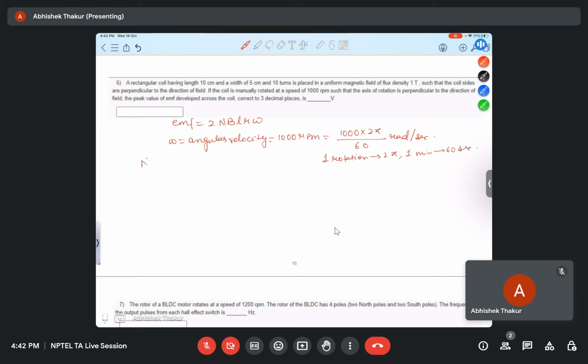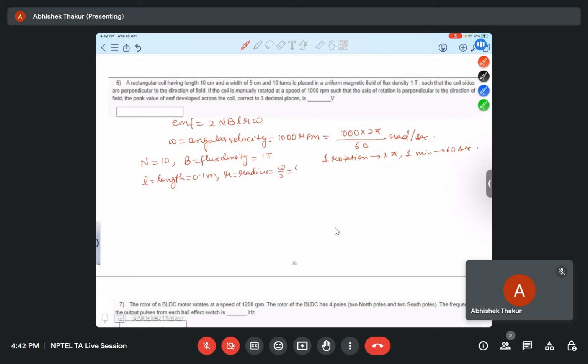Number of turns N is given 10. B, that is flux density, is given as 1 Tesla. L is the length, that is given as 0.1 meter, and R is the radius, that is equal to W by 2, width by 2.